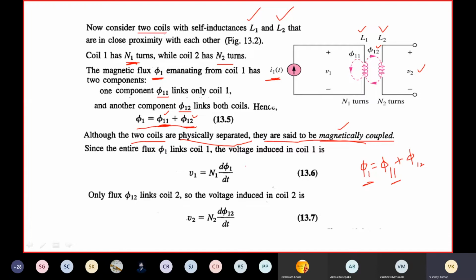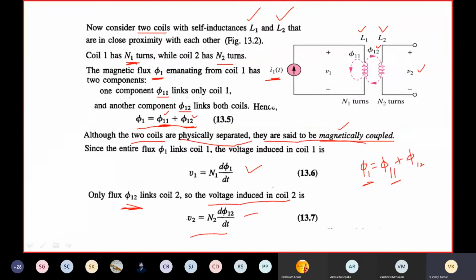Let V1 be the EMF induced across coil 1 because of flux phi 1. V1 is equal to N1 d phi 1 by dt. Coming to the voltage induced across coil 2 because of phi 1 2, this EMF is called mutual induced EMF. V2 is equal to N2 d phi 1 2 by dt, called mutual induced EMF.